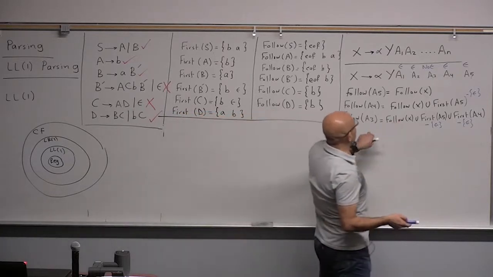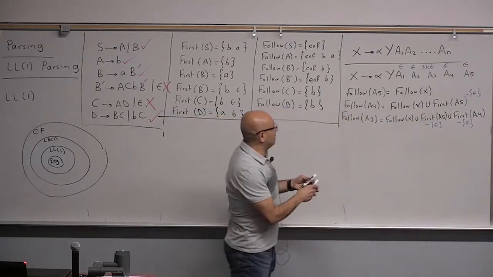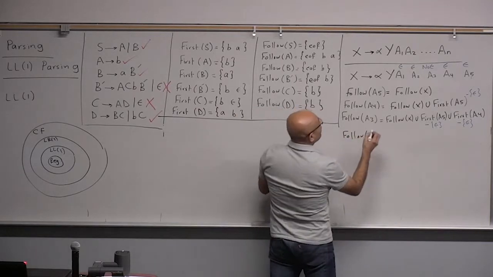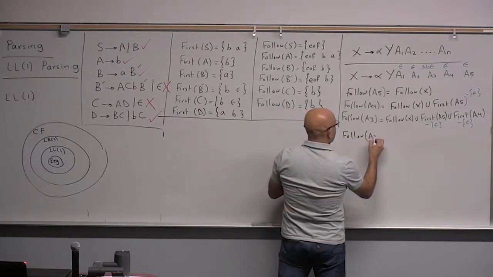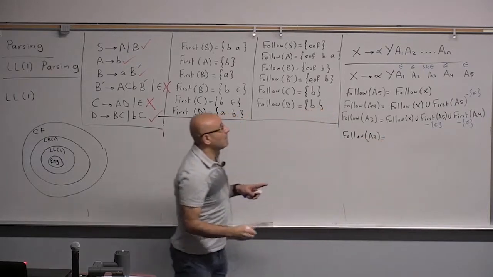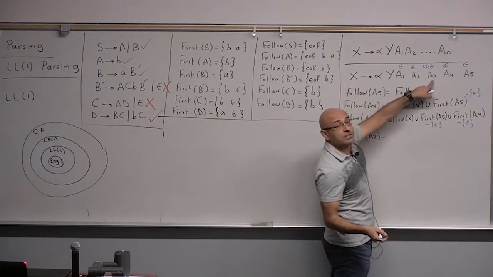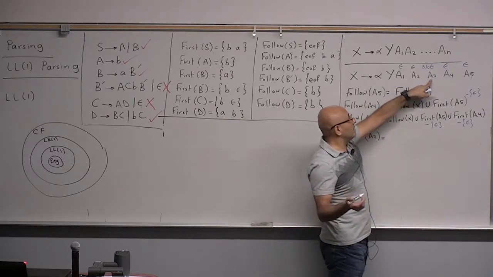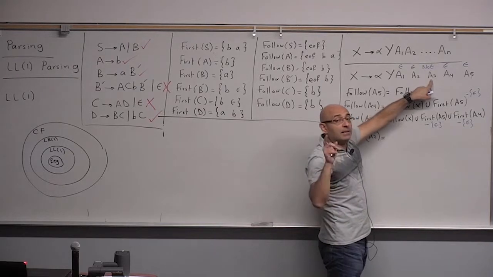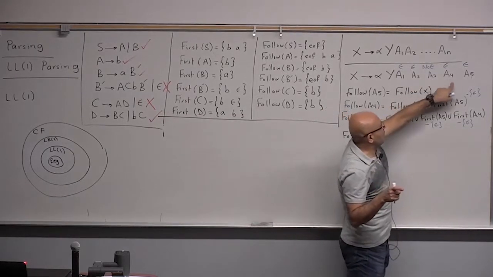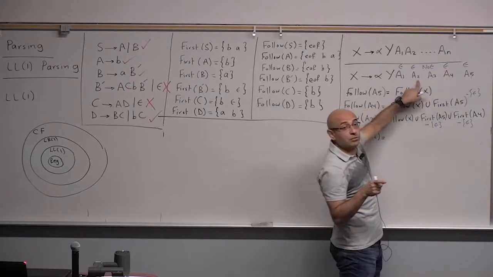But when we get to A3, which has a non-epsilon in it, now what's the follow of A2? It's just the first of A3. Exactly. So the follow of A2 is just the first of A3, because this is a non-epsilon, which means that when we expand this, there will be at least one terminal in it, and the first of A4 and A5 cannot follow A2.